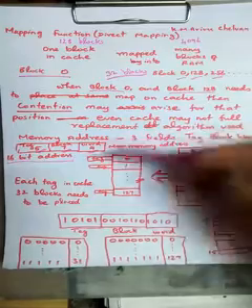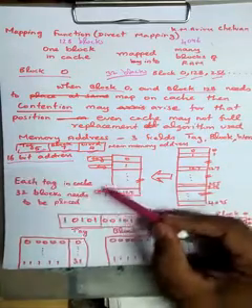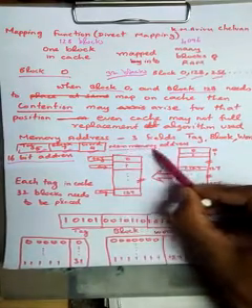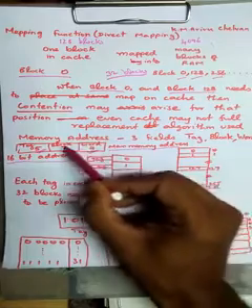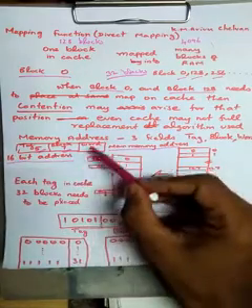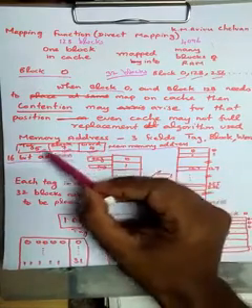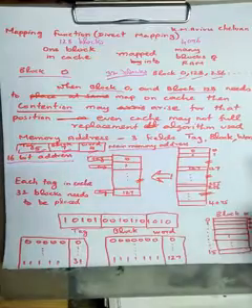We are discussing only the 16-bit address. The main memory address is divided into three fields. One field is for word, the next field is for block, and the next one is for tag.